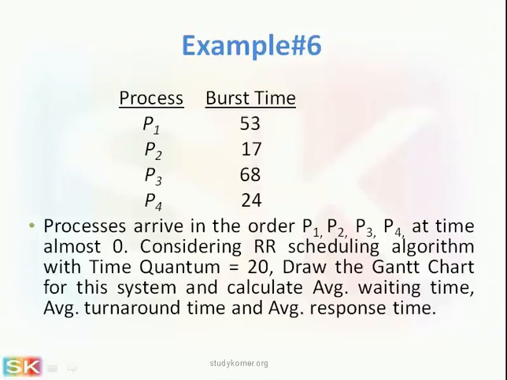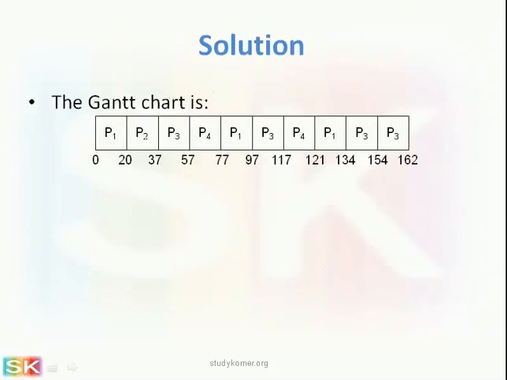Then again P1 will be executed. So P1 first executes for 20 seconds, then P2 executes up to 37 because P2's burst time is 17 seconds only. So P3 will start at 37 and will execute for the next 20 seconds. Then P4 will start its execution at 57 up to 77. Then P1 will execute for the next 20 units of time.